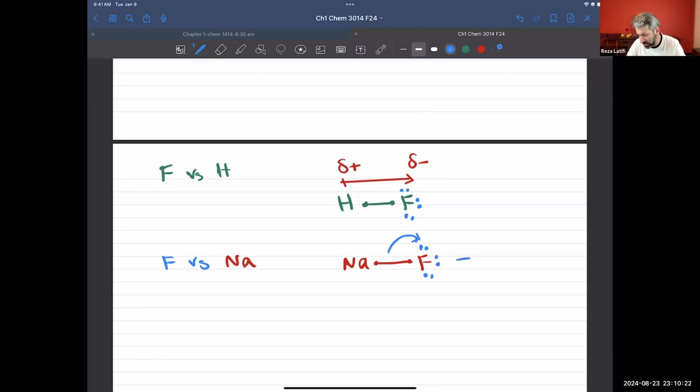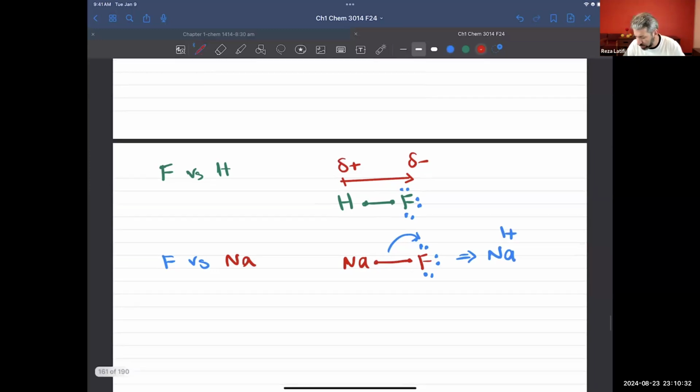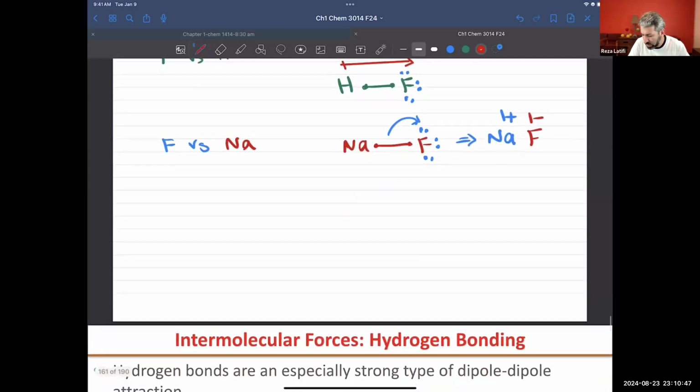So I'm not going to have sharing anymore. I will have sodium with a +1 charge, so it's not delta, it's a whole positive charge, and fluorine with a -1 charge. Do I see any chemical bond between them? No. So why do I have those two species close to each other? That's the electrostatic force. We don't have a molecule anymore. So this one is an ionic compound.